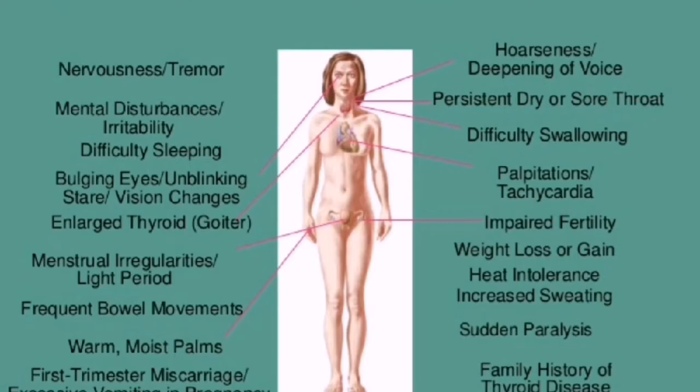Also hoarseness, deepening of voice, persistent dry or sore throat, difficulty swallowing, palpitations, tachycardia, impaired fertility, weight loss or gain, heat intolerance, increased bleeding, sudden paralysis, and a family history of thyroid disease or diabetes.